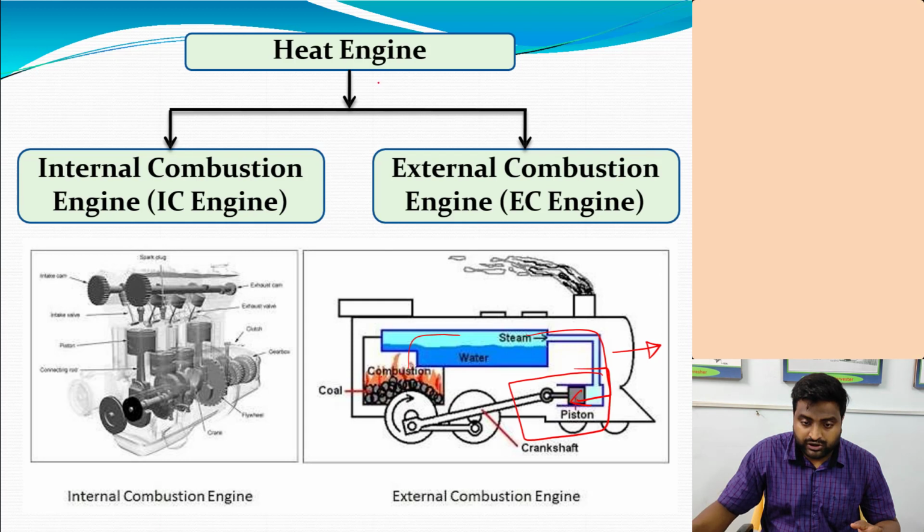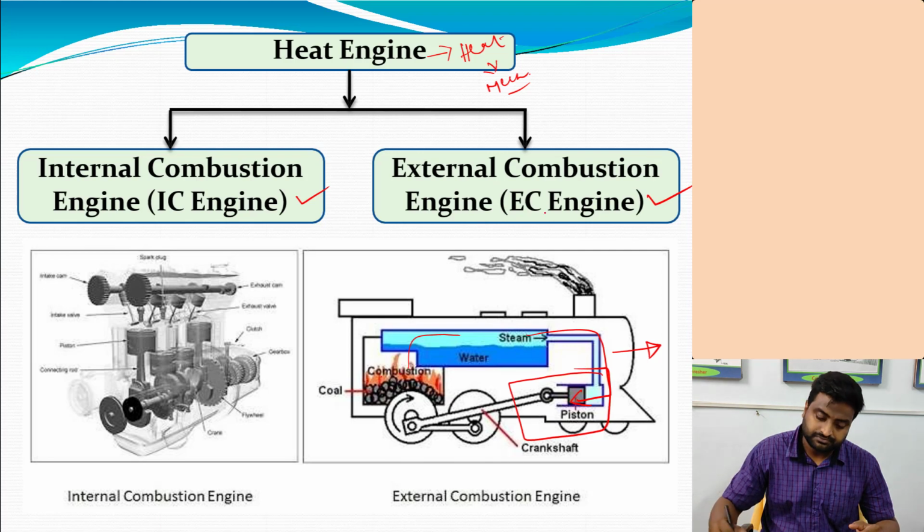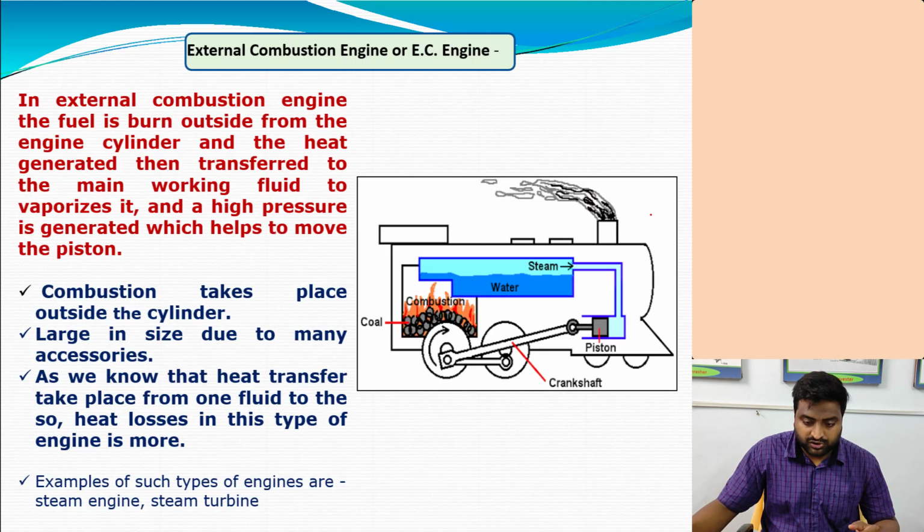So basically I have told you, heat engine is the part which converts the heat energy into mechanical energy, and it is divided into two parts: internal combustion engine known as IC engine, or external combustion engine, EC engines. So again, what is an external combustion engine? Already I have told you that over here one combustion chamber will be there, in which the coal or the combustion material will be provided, which will combust or burn, and then one container will be there in which the water will be there.